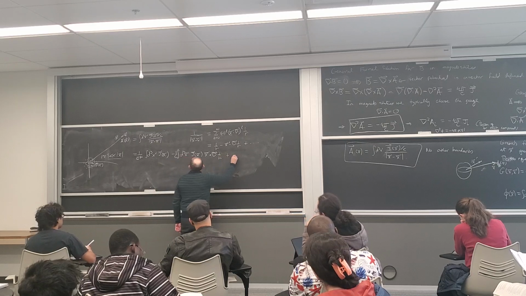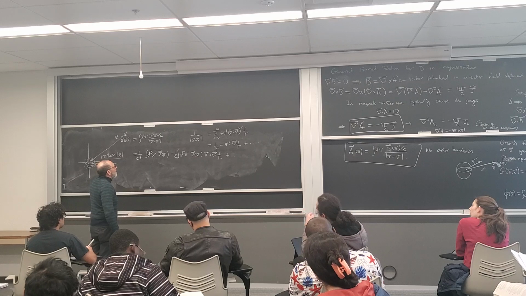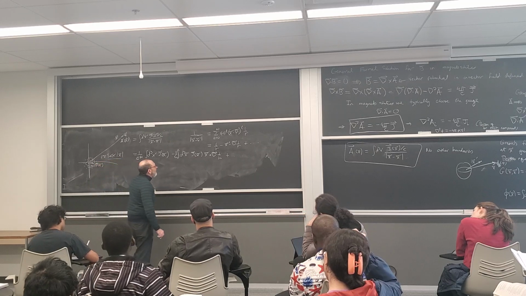Where's 1 over c when you pulled it up? Sorry? I was going to ask where's 1 over c when you pulled it up? I pulled it outside, yeah, okay.